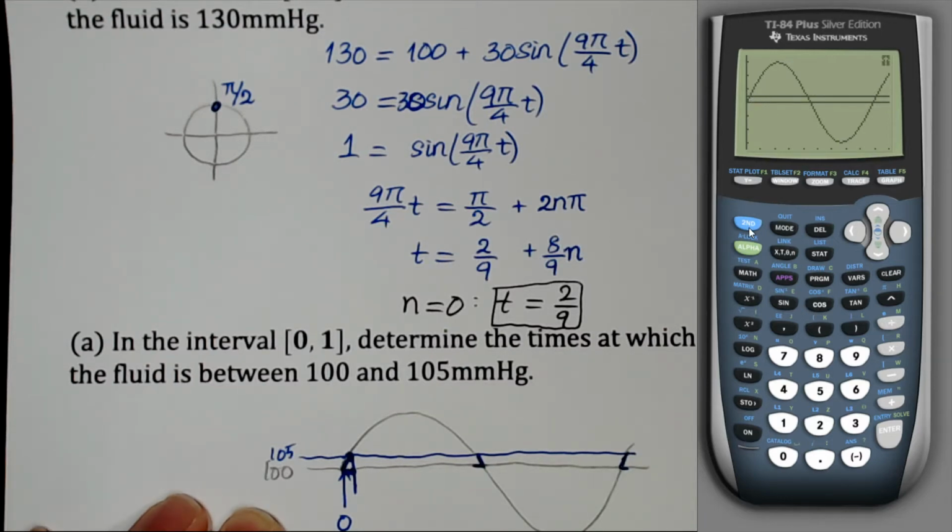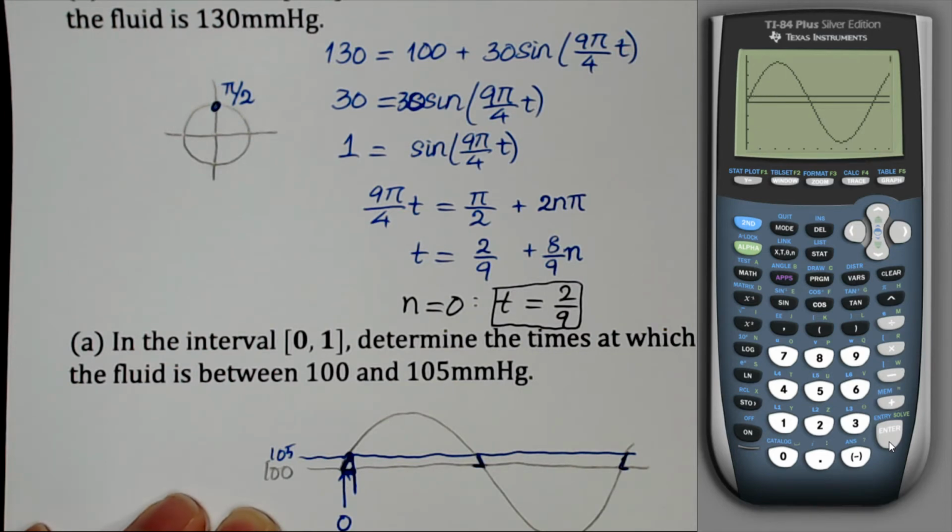So we hit second, calculate. Option number 5, intersect. The first curve is the first function, that's the function we want. Y2 is not 100, so we have to go down, and the second function is 105. That's what we want. Hit enter, and then when we guess, we just move the pointer close to the solution we want. Close enough.